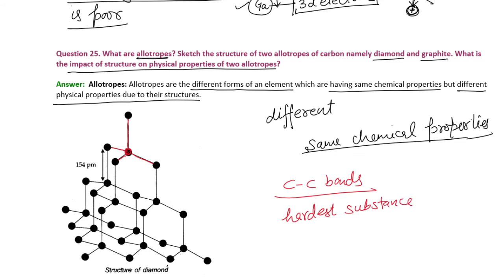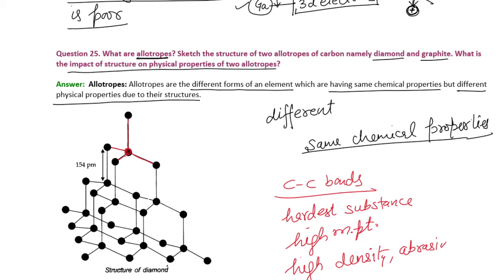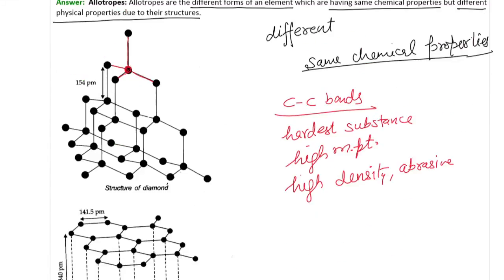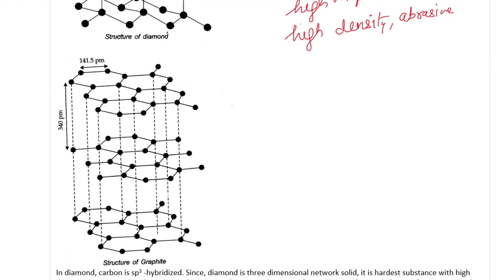It has a high melting point because a huge amount of energy is required to break those bonds. It has high density. And because it is hard, it can be used as an abrasive. So these are the properties of diamond; because of the structure of diamond it occurs.